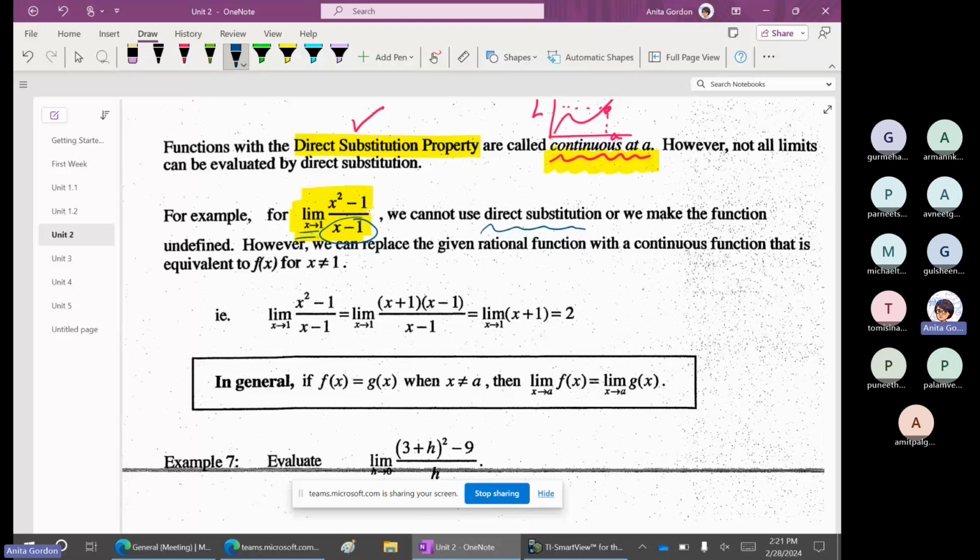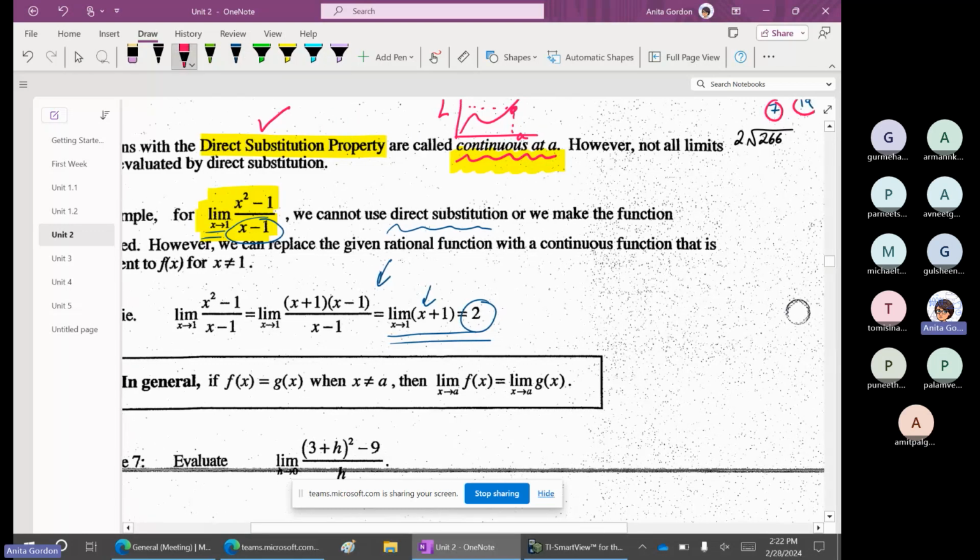However, as we did before, we could factor and simplify, and now we can just put the 1 in here and say, okay, it approaches 2.